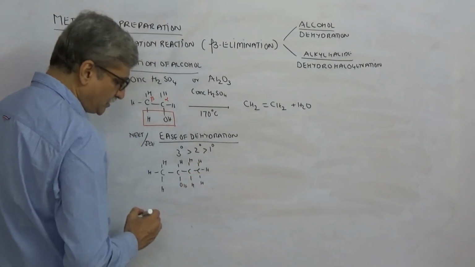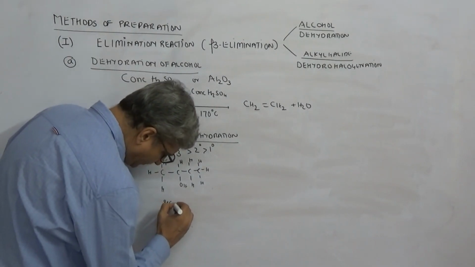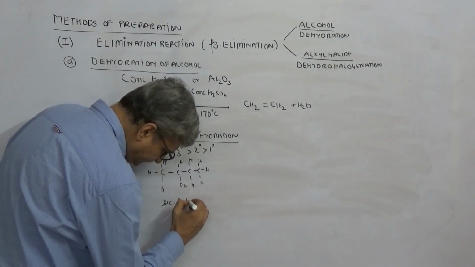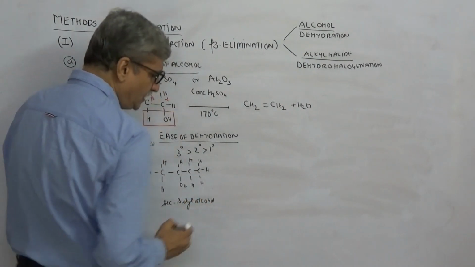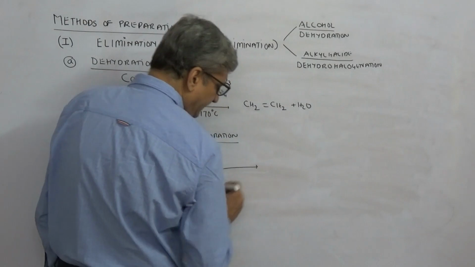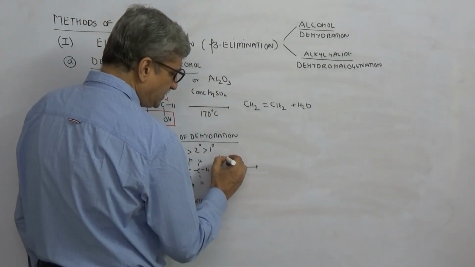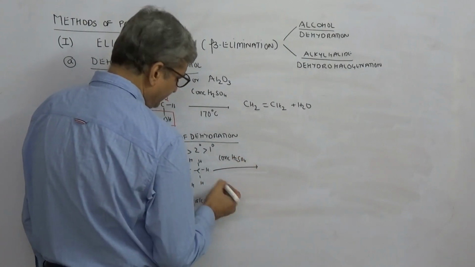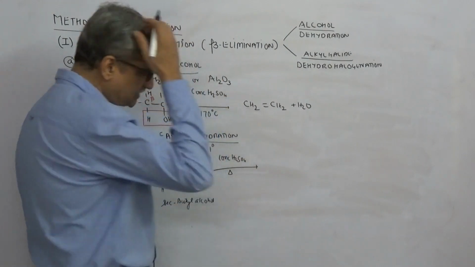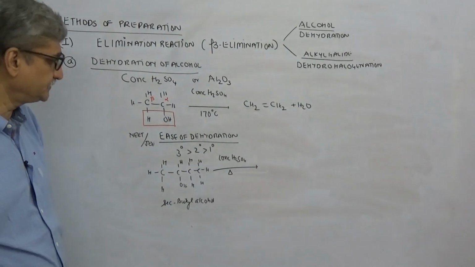This is sec-butyl alcohol. Now sec-butyl alcohol, when you treat with concentrated sulfuric acid, I'm just writing the temperature. Temperature we know is around 100 degrees centigrade.